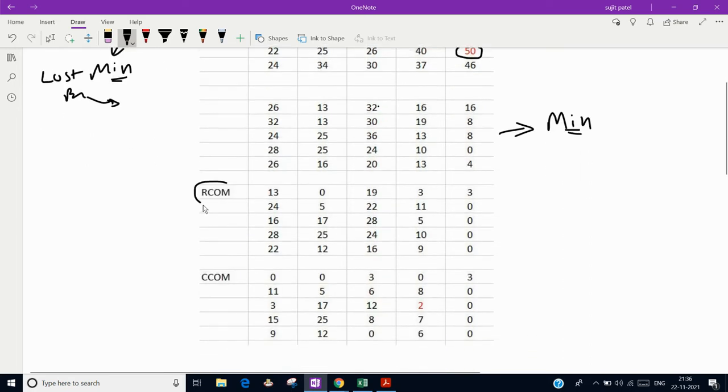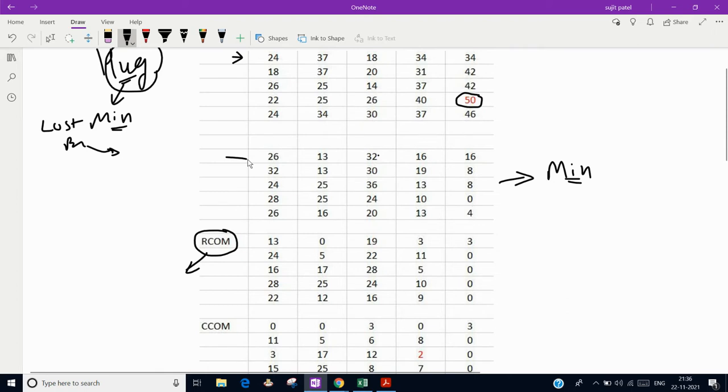First is the row optimization matrix. In this, select each row starting from the first, select the minimum element, the least element, and subtract it from the other elements of that particular row only, not going to another row.